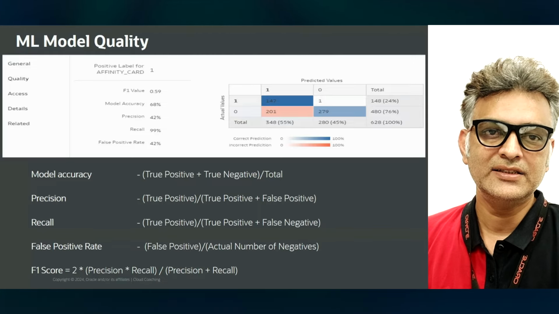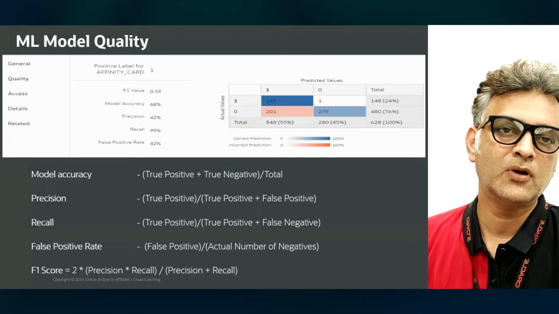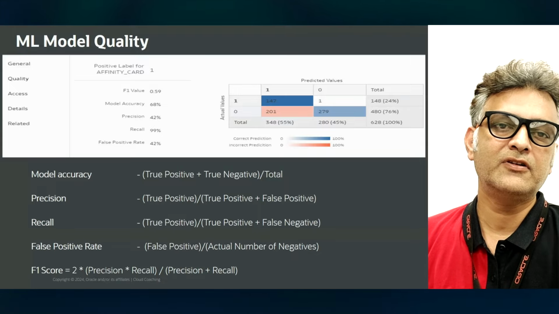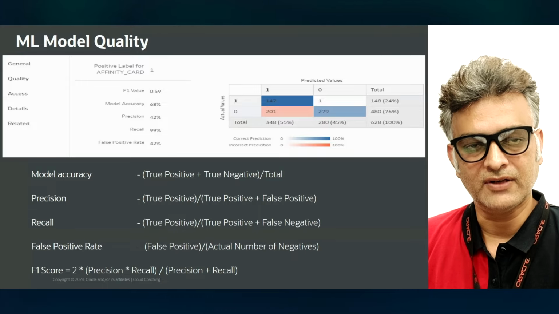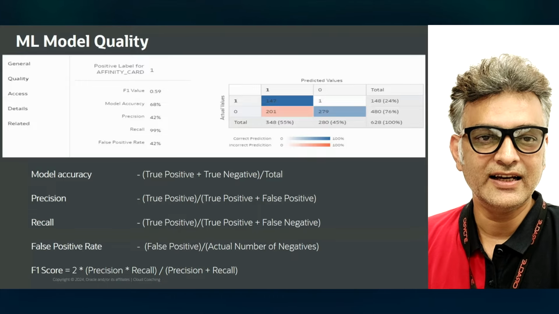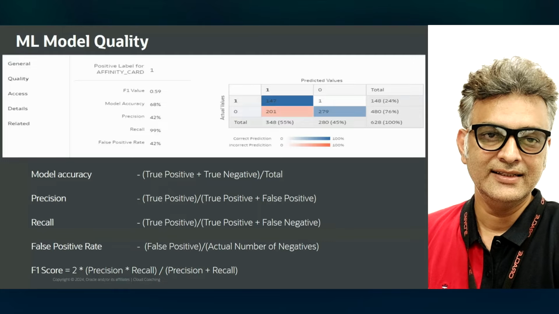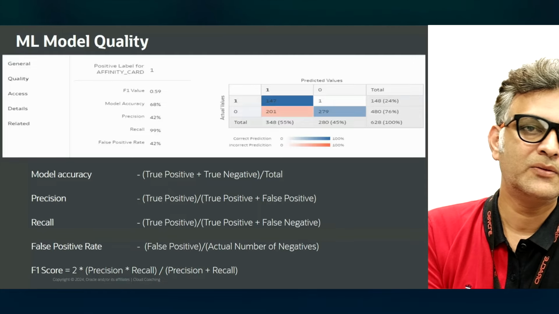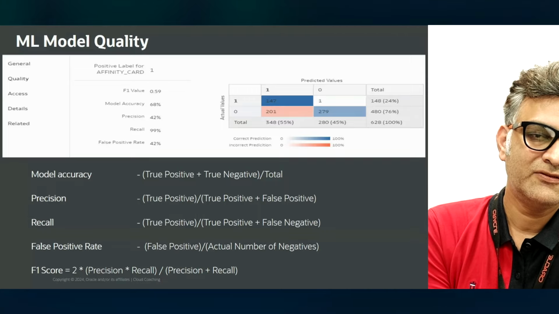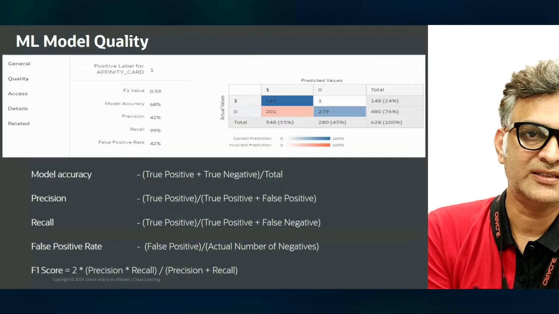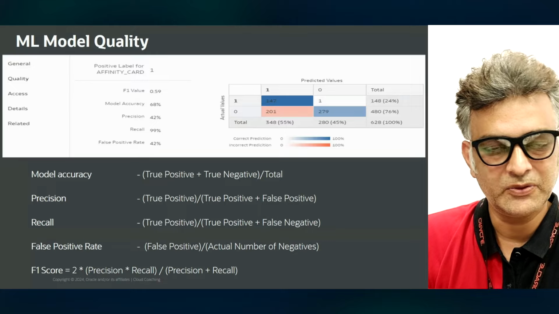If the machine learning model predicts 95 out of 100 as 0 and only 5 as 1, still the accuracy will be very high because the actual in the data set is 90 and the model predicted 95, correct? So the false positive rate would be just 5 by 100, 5%, which we might think is acceptable.